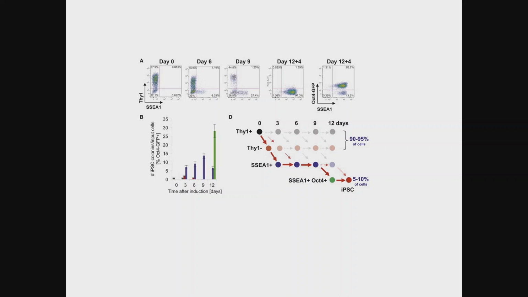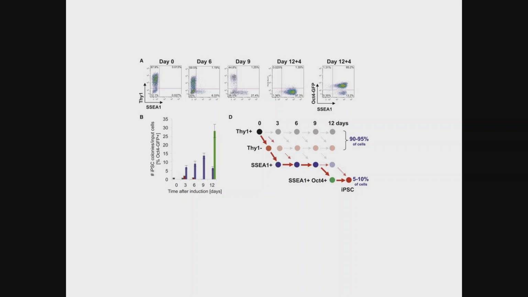So this process, again, is very, very inefficient. What happens is that we start the process, for example, to produce IPS, and the cells have different pathways they could take, to become IPS or to die on the way. And most of them, 90 to 95% of the cells, don't make it through. They differentiate into different things, or they simply die.